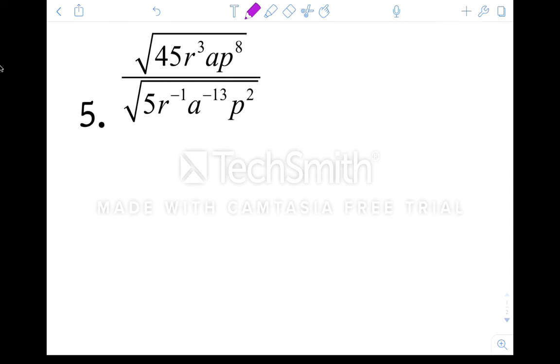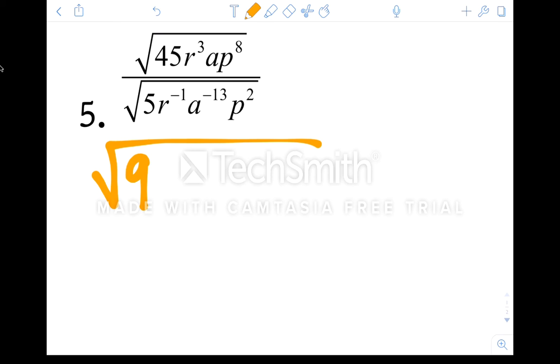So now when we're dividing, we're going to first divide everything that's under the radicals, put it all under one radical if we can, and then simplify. So I'm going to do my coefficients first. 45 divided by 5 is 9. When we're dividing our variables, remember that now we subtract our exponents.